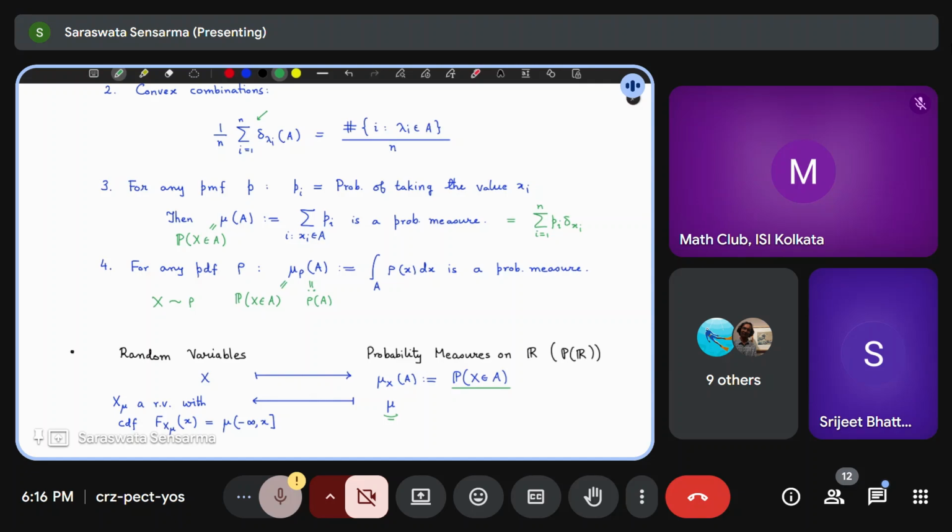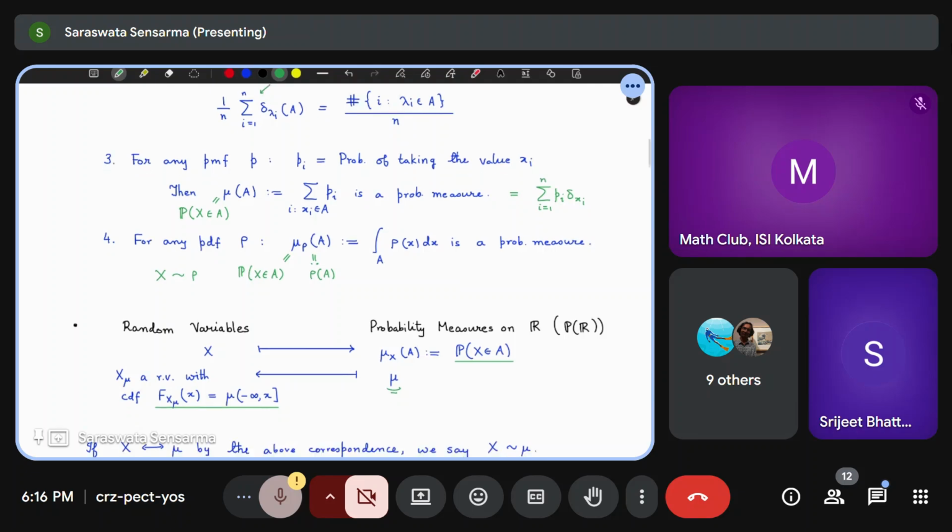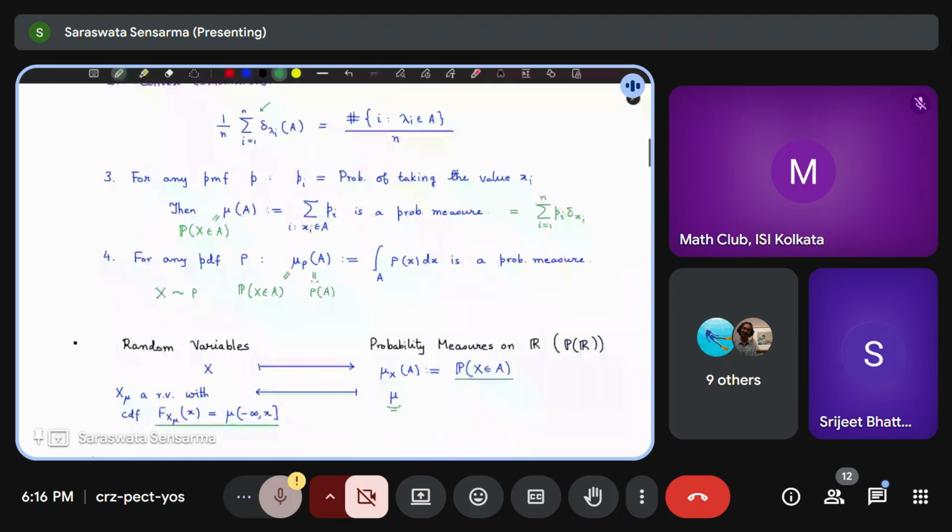You can construct a CDF which looks like this. It's just the measure from minus infinity to x, and corresponding to that CDF, you would get a random variable. It's easy to check that this is a CDF. You need some properties of measures, but basically, probability measures on R and random variables are one and the same thing. They're just two representations of the same thing.